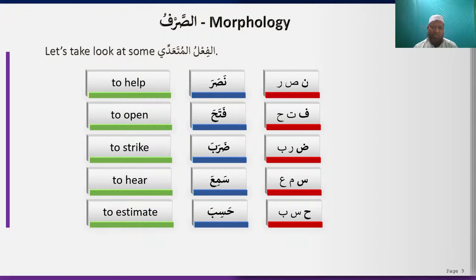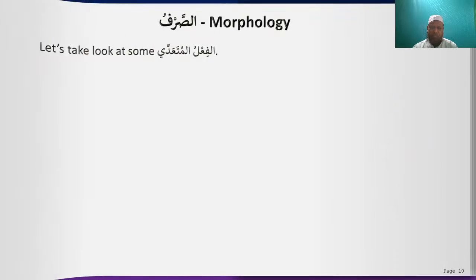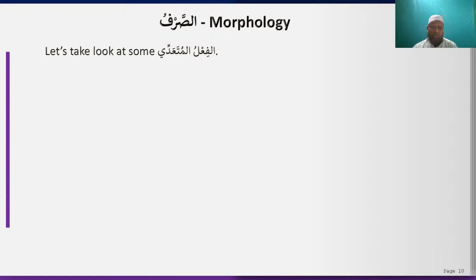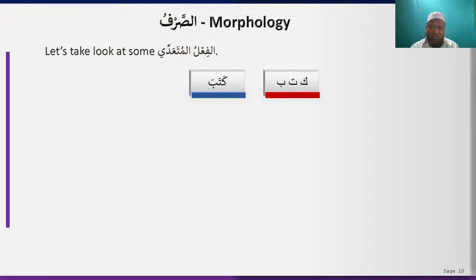So these are from the second category of fail, al-fail al-muta'addi. Let's take a look at some more al-muta'addi. Kaf, ta, ba, kataba. How do I know the kaf has a fatha? How do I know the ta has a fatha? How do I know the ba has a fatha?